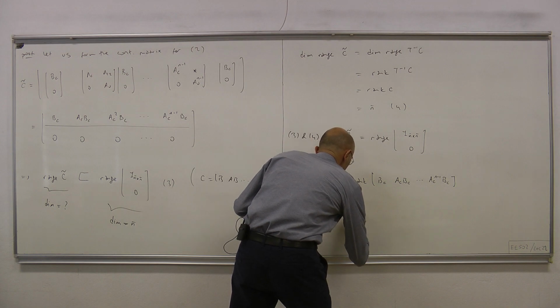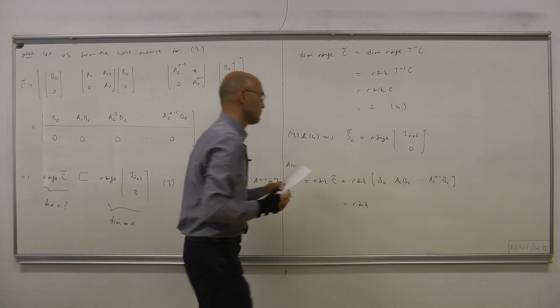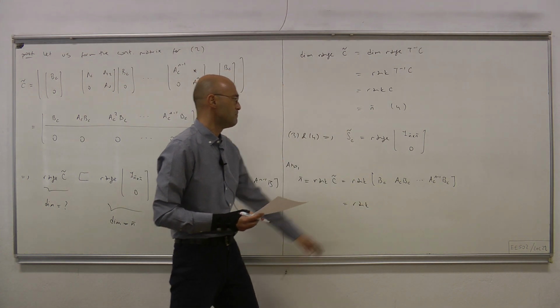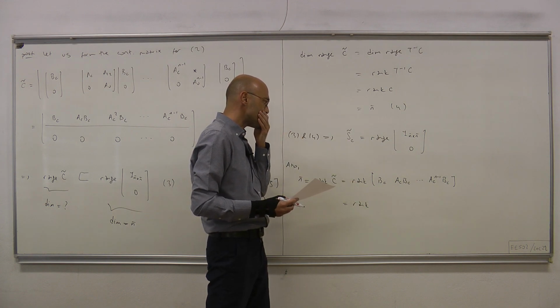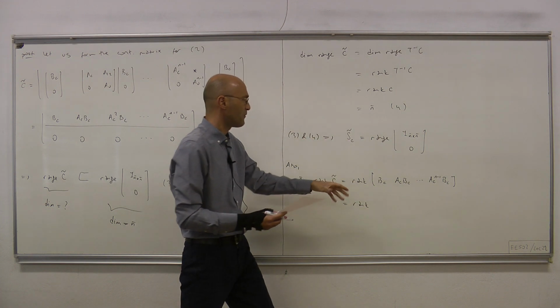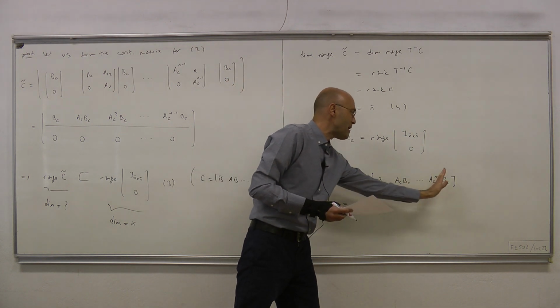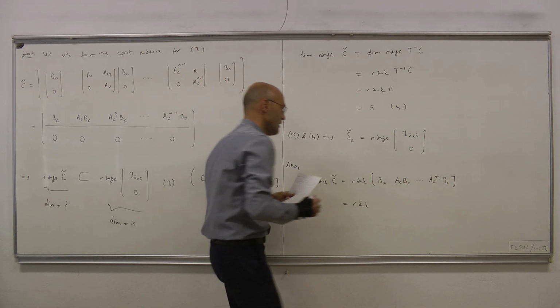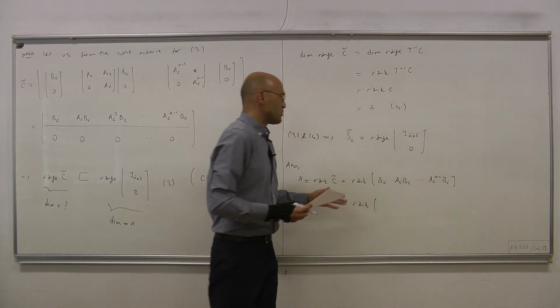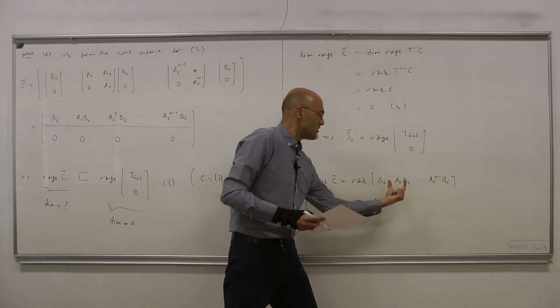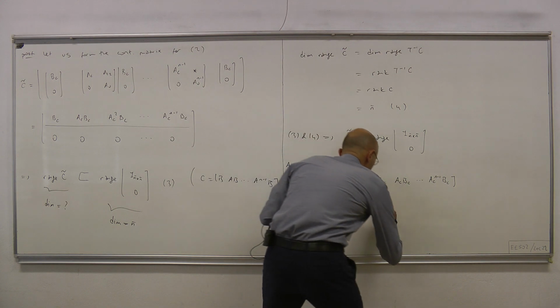In other words, let's forget about rank, the range space of this matrix, or the subspace spanned by the columns of this matrix, equals the subspace spanned by the columns of this thinner matrix.